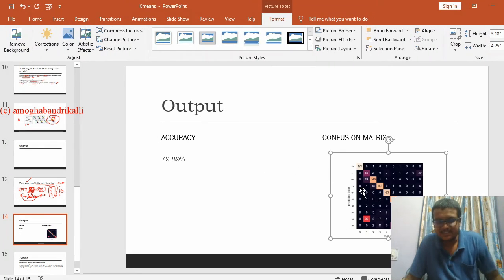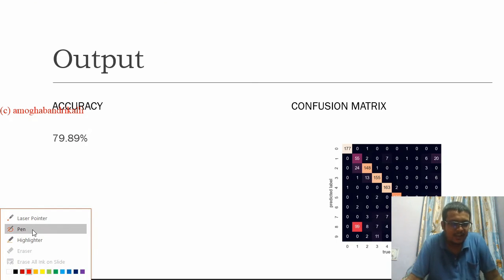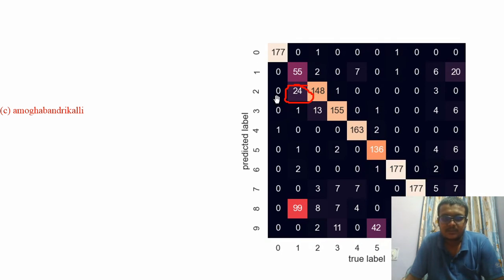So for digits, here you can observe where the major confusion has happened for the machine. One is that it has failed to identify the number 1, confusing it with 2, and it is having a confusion in differentiating between 1 and 8.